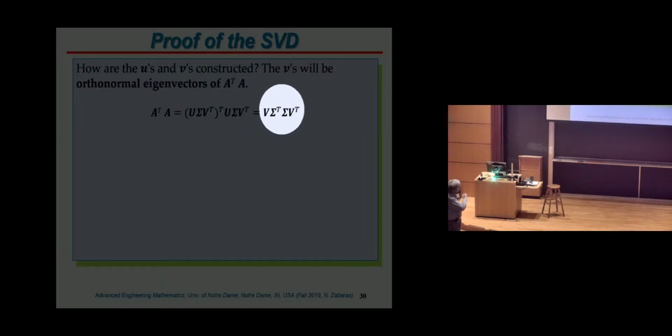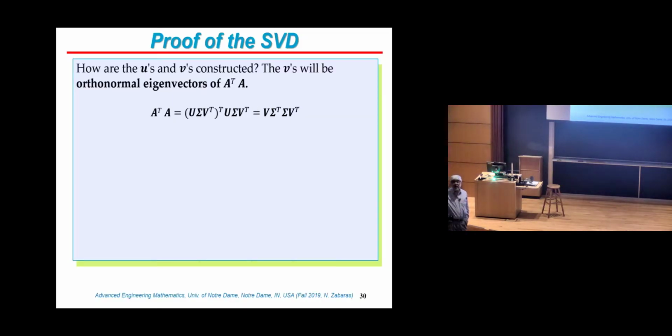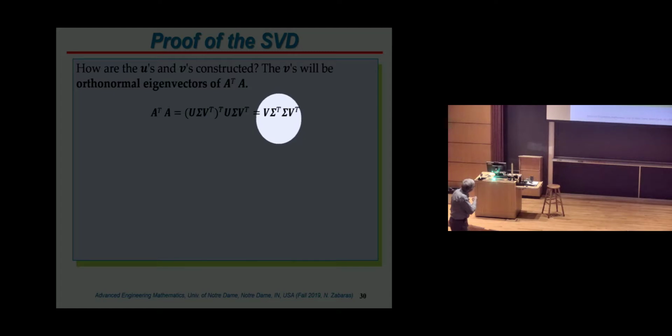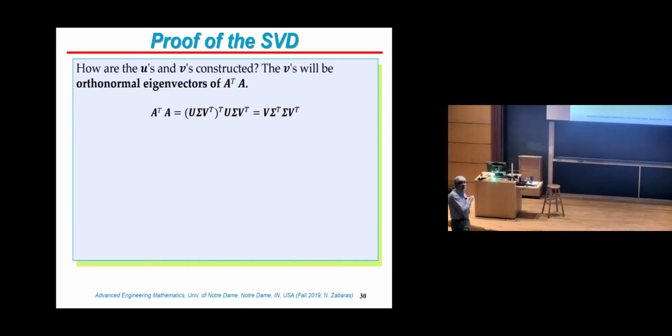And what is each of the entries of sigma transpose sigma? So sigma squared, what is each entry? It's the eigenvalues of which matrix? You remember when you do the spectral theorem, you have a diagonal matrix lambda. So sigma transpose sigma is like sigma squared, which is lambda. So each of the singular values squared is an eigenvalue of what matrix?